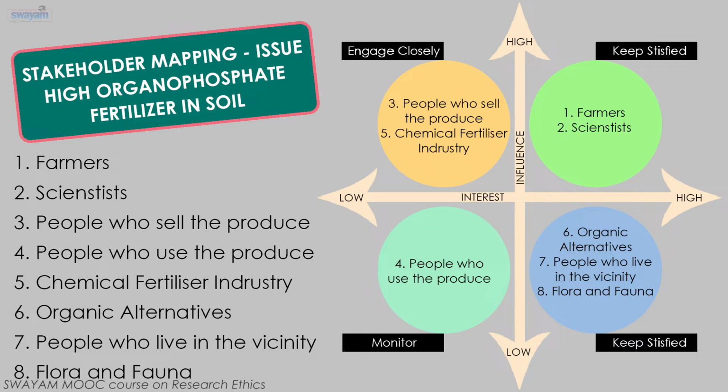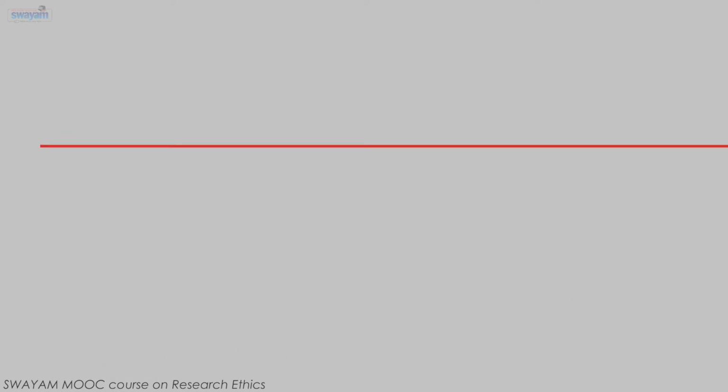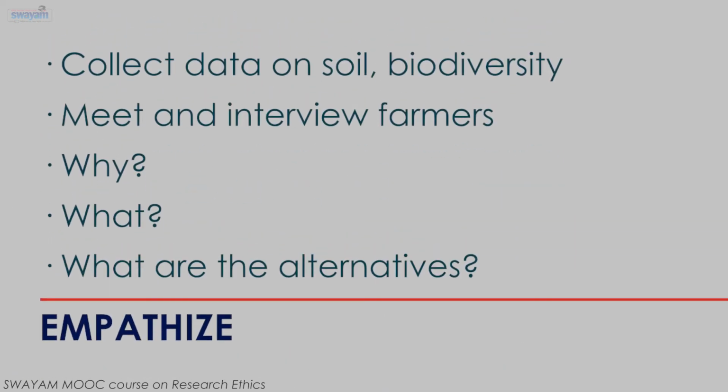If we look at these, those who have the highest influence and interest according to our thinking are the farmers and the scientists. The students can also collect actual data such as soil analysis, biodiversity of flora and fauna in the region, and other parameters.